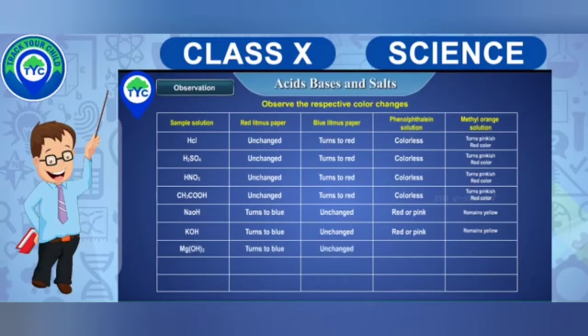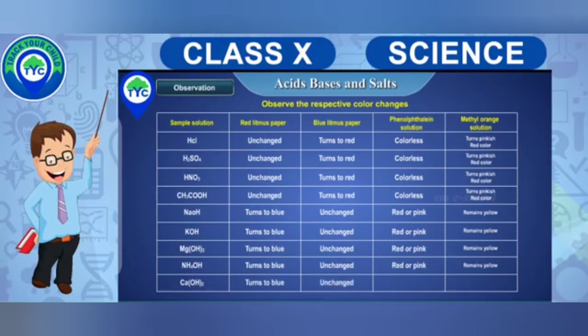NH4OH: turns blue, unchanged, red or pink, remains yellow. Ca(OH)2: turns blue, unchanged, red or pink, remains yellow.